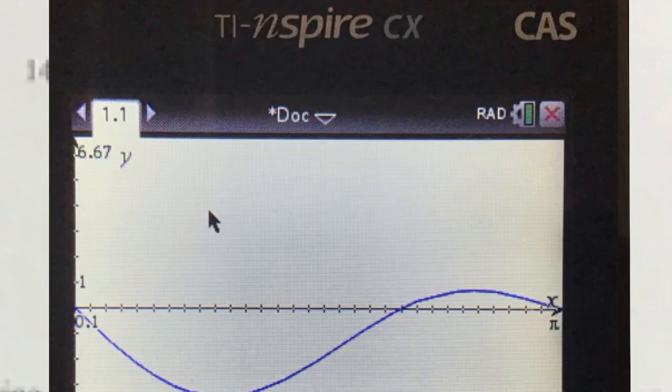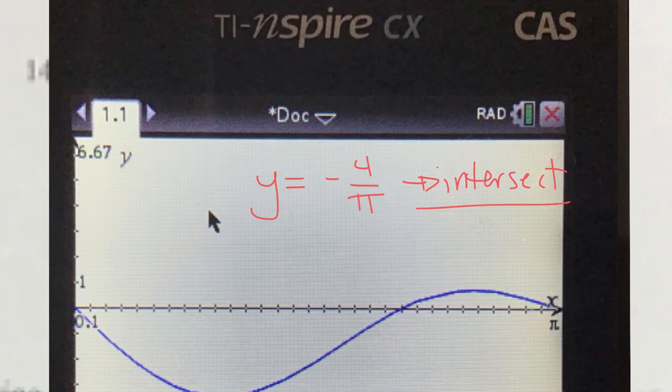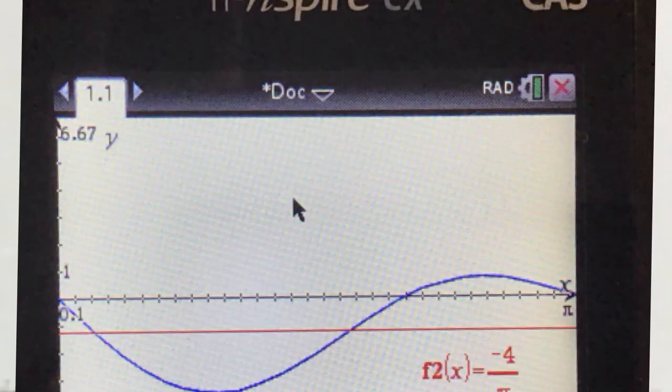Now I'm going to come in and add another graph. I'm going to add y equals -4 over pi, and I'm going to see where they intersect. I'm going to see where they are equal. So let me show you that. So notice our trig graph intersects our number graph in two places.